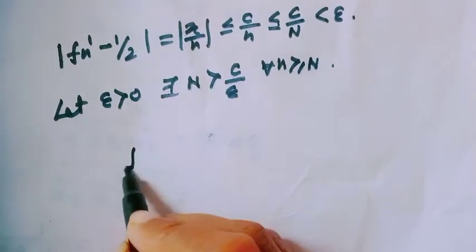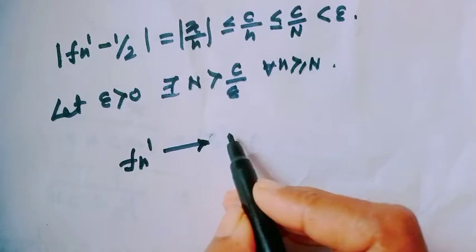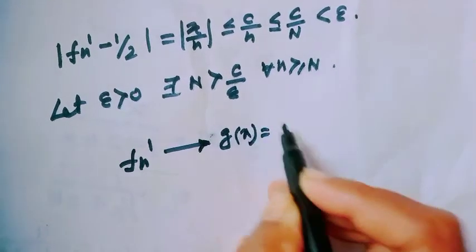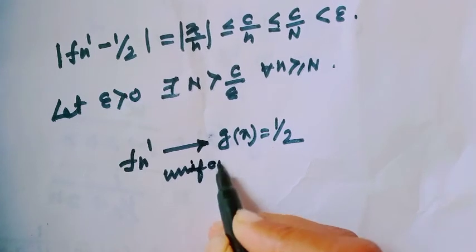That means Fn dash converges to the function g(x) equal to half uniformly.